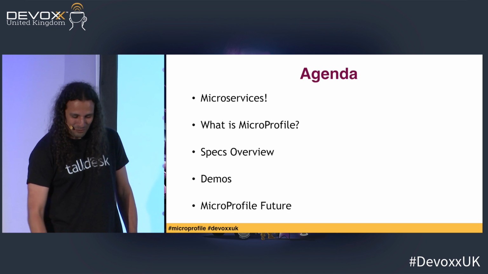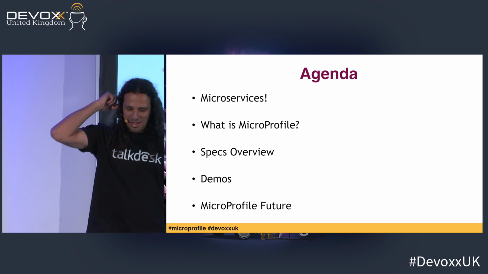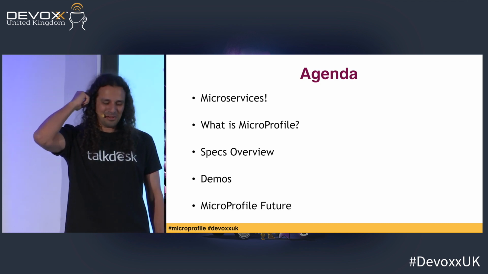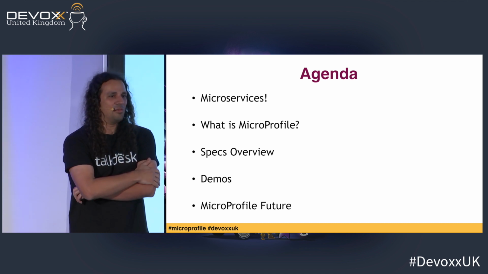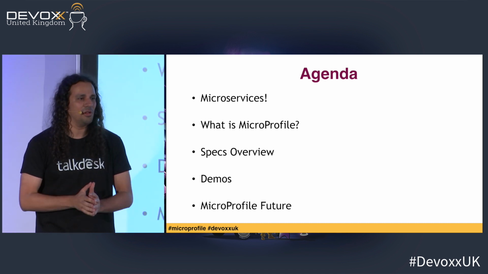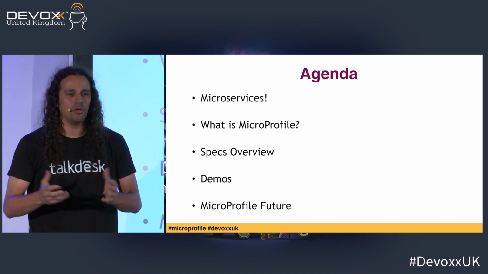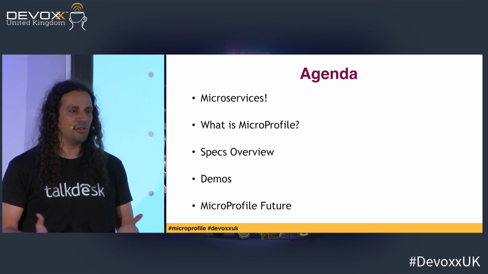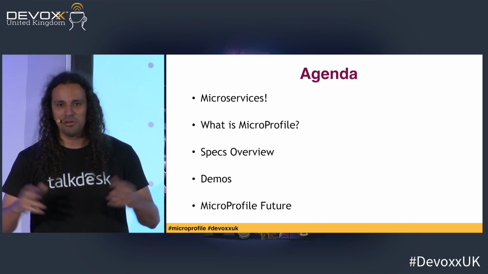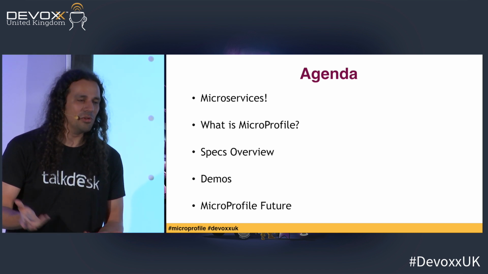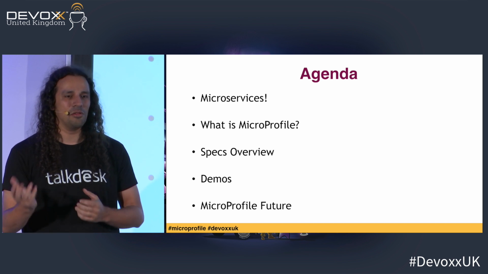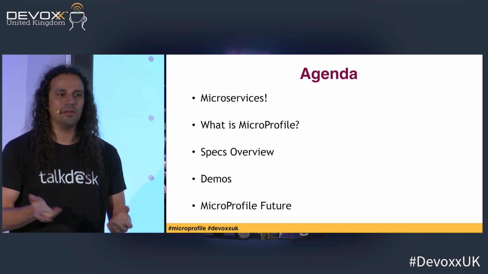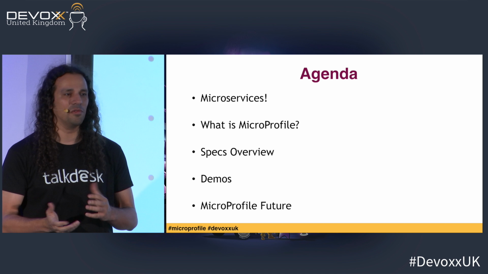So what's going to be our agenda for today? Of course, we're going to talk about microservices, and a little bit about what Microprofile is, which is basically most of the core of the presentation. We're going to have a look at an overview of all the specs that compose Microprofile. We're going to do a bunch of demos, so we have at least one demo per spec, but for most of the specs we even have two or three.